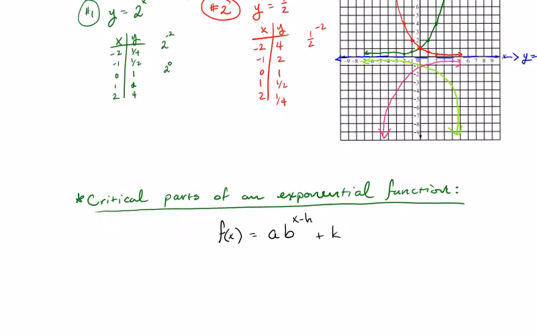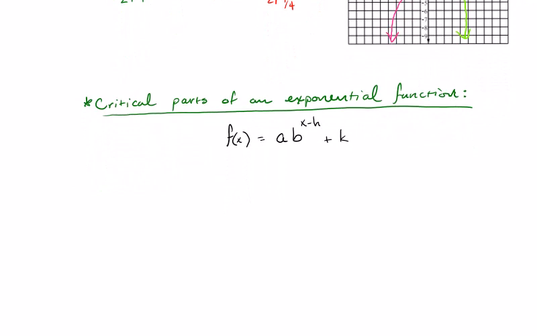So to kind of lead into that, let's just talk about critical parts of an exponential function. So this would be considered the general form of an exponential function. You have a, which is the coefficient, and this guy is going to be just a number, a scalar.